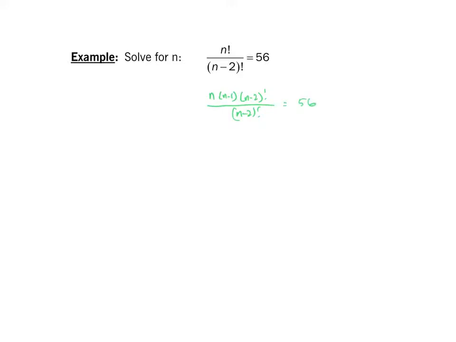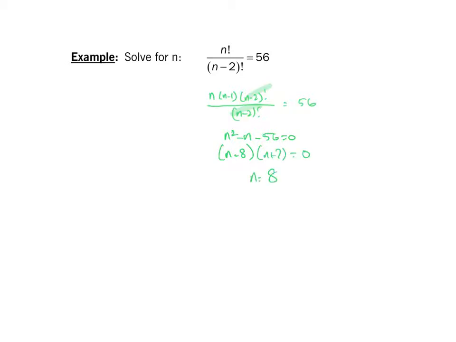And what we're going to get is those n minus 2 factorials are going to cross out. If we multiply n times n minus 1, it's n squared minus n. Bring the 56 over, you get minus 56. So it's n minus 8, n plus 7 if we factor that trinomial.